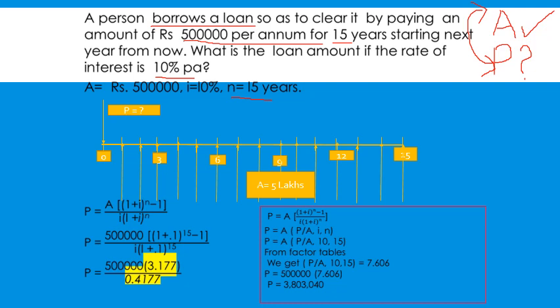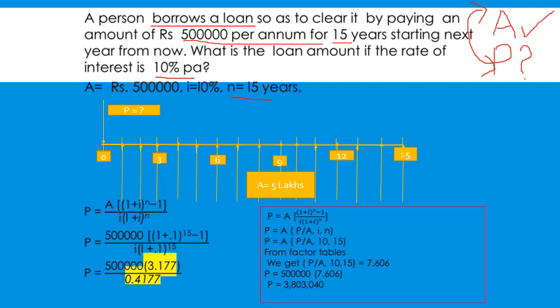If you want to clear the loan amount of 38 lakhs 3,040 rupees, you have to make a payment of rupees 5 lakhs every year for 15 years at an annual interest rate of 10%.